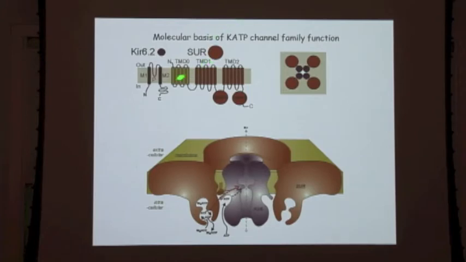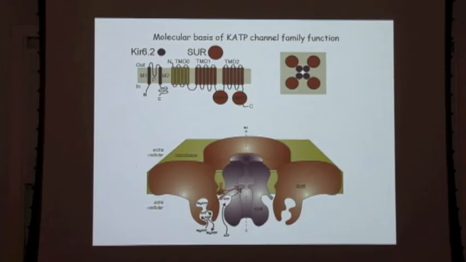In the sulfonylurea receptor, there is this canonical structure of transmembrane domains, 6 helix transmembrane domains, followed by nucleotide binding folds. There are 2 of these in each SUR subunit. And the way that these 2 so-called nucleotide binding folds generate nucleotide binding sites is kind of like this.